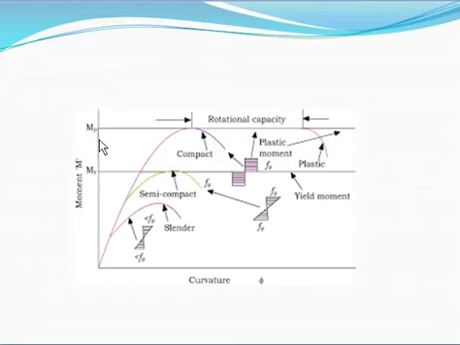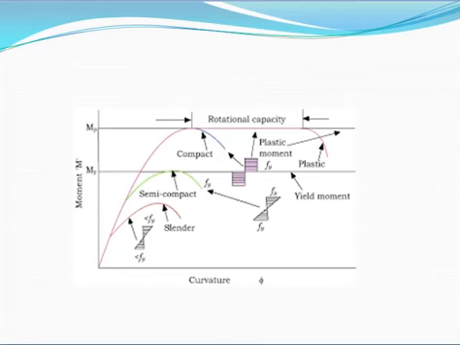Now again there is one more class, and that class is known as plastic. Now see what happens in this case. Between the compact and plastic sections, between these two points, there is a rotational capacity which is formed within the element. Now, what is the role of this rotational capacity?